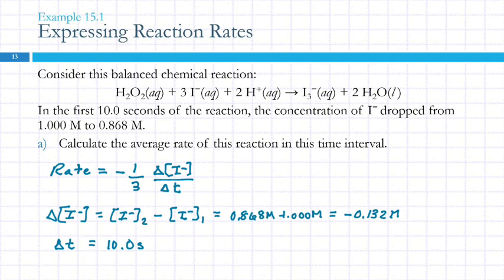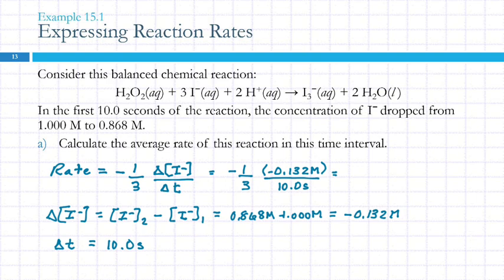So now we can plug these things into our little equation here. Negative 1 over 3. Delta [I-] is negative 0.132. Change in time. Well, actually, let's keep the units in there. And this is 10 seconds.